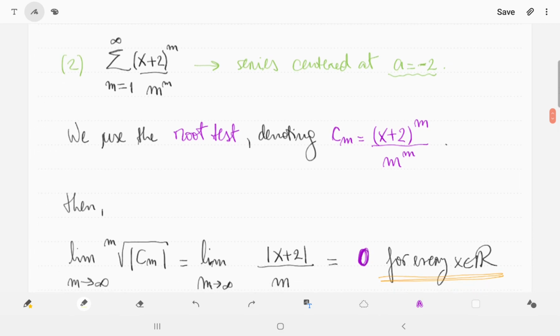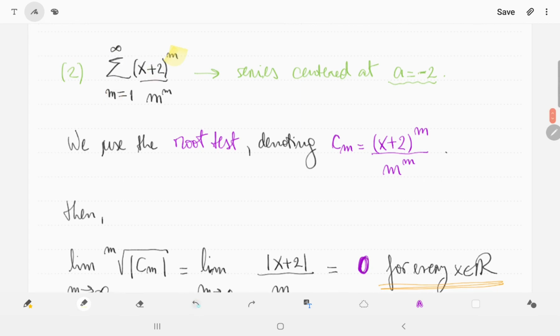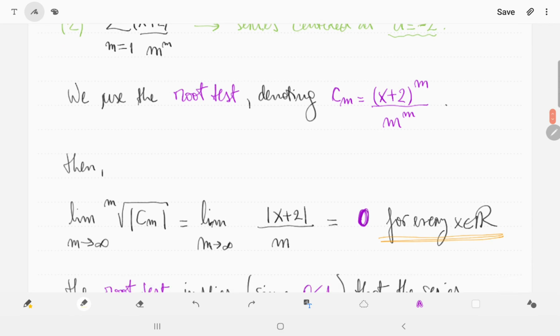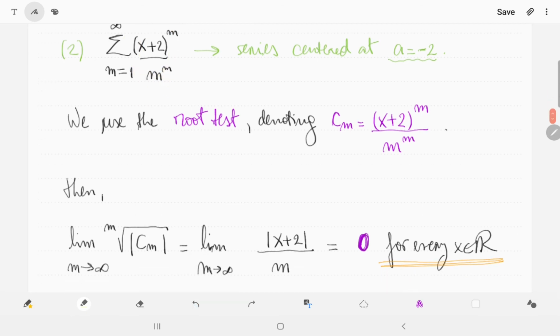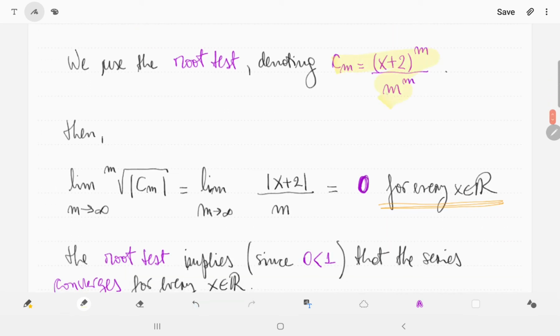Second example, we have this power series, we have the powers, we have the series, we have a center. So here the center is -2. And here let's choose the root test. So again, we call C_m the whole expression, not only the numbers, let's say the coefficient a_m, the whole expression, we call C_m.